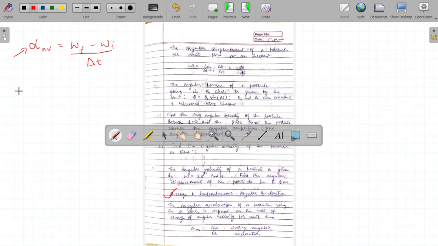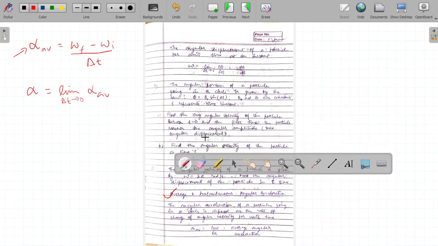In the same vein, we can ask what would be the value of instantaneous angular acceleration. So we would say it would be the limit in which the time interval approaches 0 for the average angular acceleration.